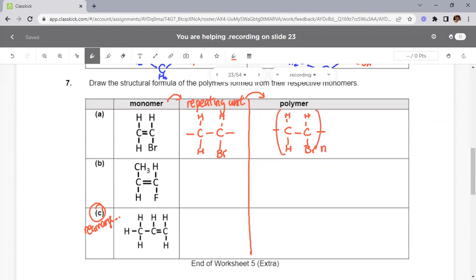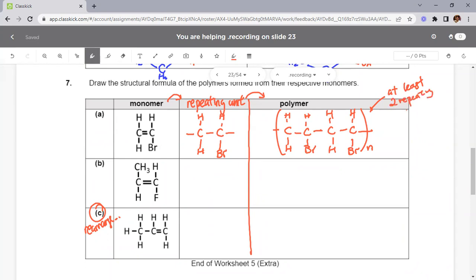However, if let's say I want 2 repeating units at least, I'm going to draw one more of this. Assuming the question wants me to draw one more repeating unit, then it will look like this. So this one here is where I will say that there's at least 2 repeating units.